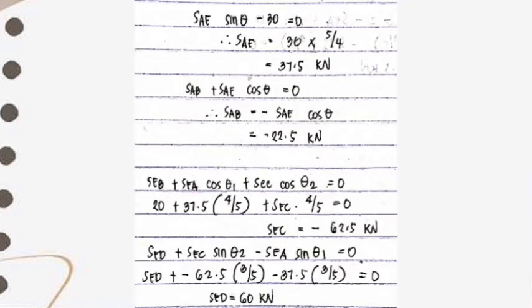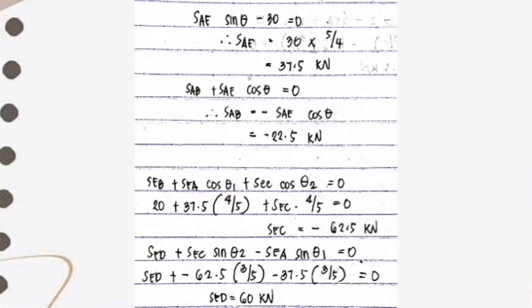For SAE sin theta minus 30 is equal to 0. Therefore, SAE is equal to 30 times 5 over 4. So, 30 times 5 over 4 is equal to 37.5 kN. For our SAB plus SAE cos theta equal to 0.